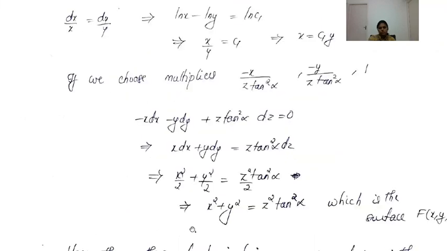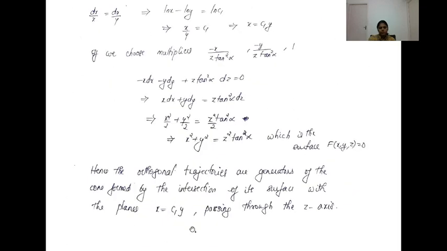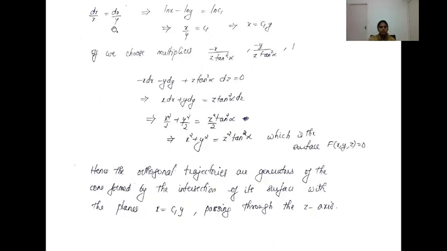Solving for the first two terms, they are variable separable, so you will get x by y equal to c1, so x is equal to c1 y.